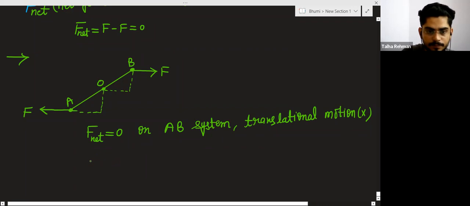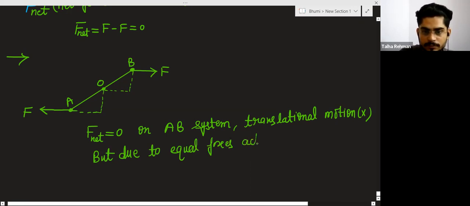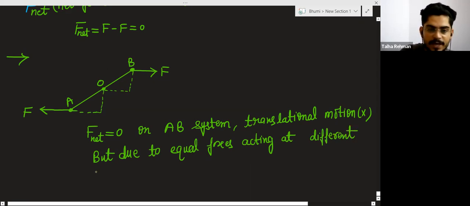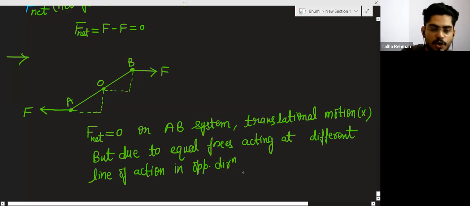But due to equal forces acting at different lines of action, in opposite direction, a torque is produced.